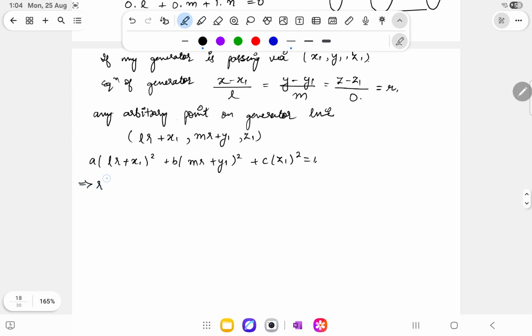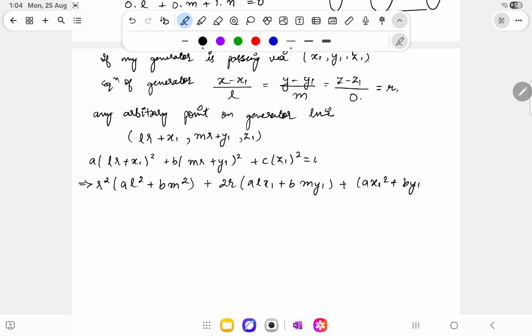If I simplify it, I will get r square into (al square plus bm square) plus 2r into (alx1 plus bmy1) plus (ax1 square plus by1 square plus cz1 square minus 1) equals 0. So this is my equation.